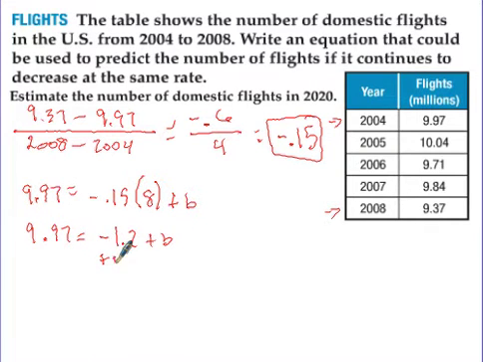All right, so add 1.2. 9.97 plus 1.2 is going to be 11.17. Still, 9.97 plus 1.2, yeah, 11.17.